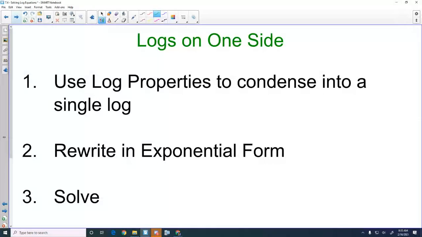When you have just one log on one side of the equation, we could just rewrite it in exponential form and solve it. That's exactly what we did with the warm-up today. So go ahead and write these steps down so that you can refer to them when you're working through some of these problems.